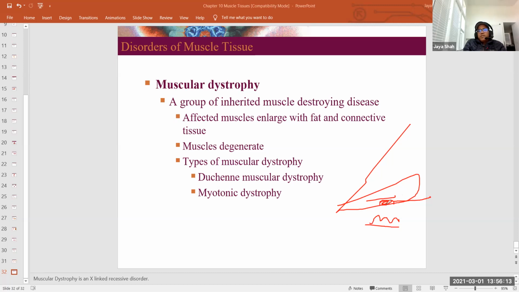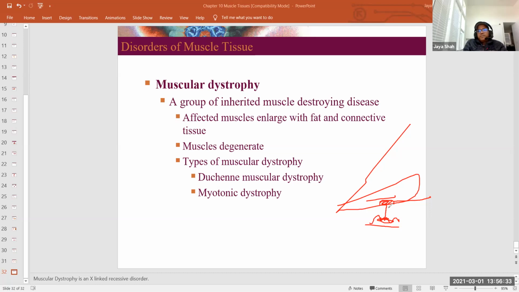This dystrophin holds the plasma membrane to the extracellular space here, which holds the plasma membrane of the muscle cell to the outside, and this protein is called dystrophin.